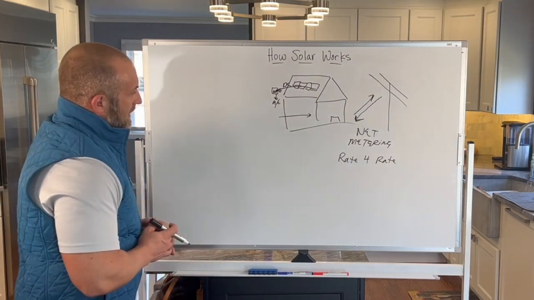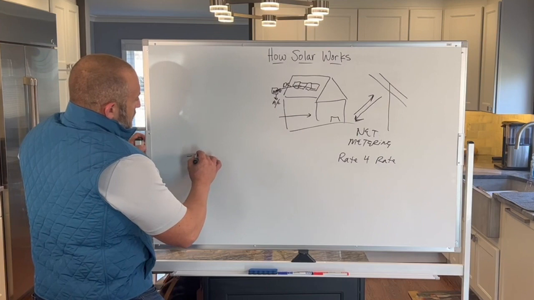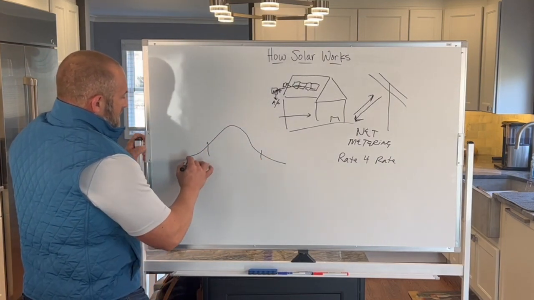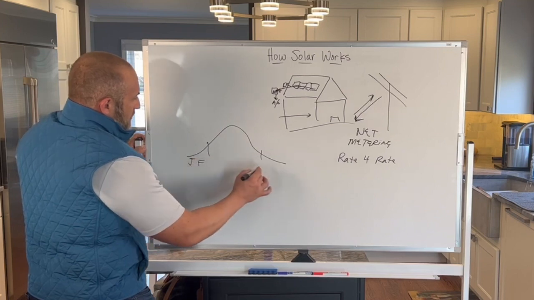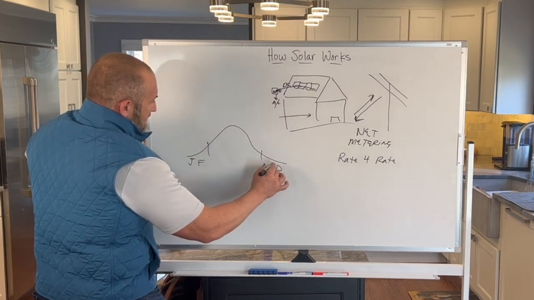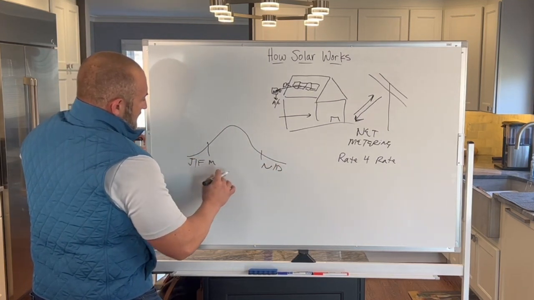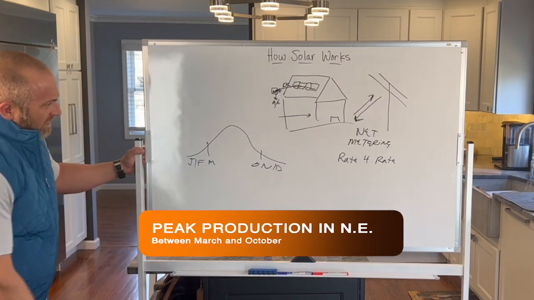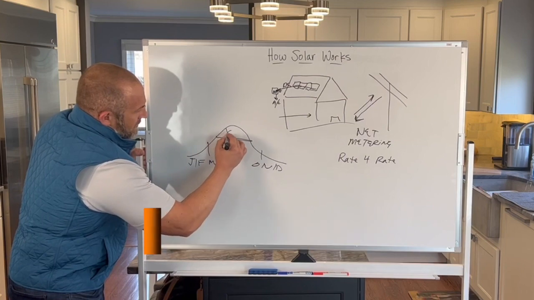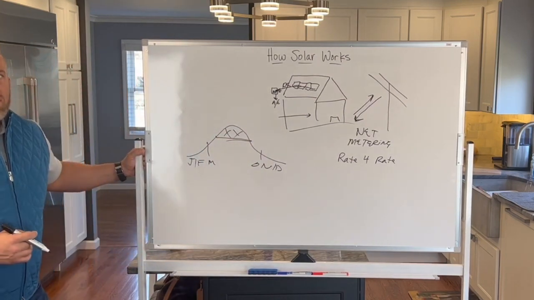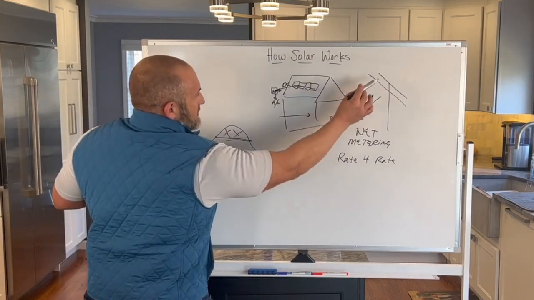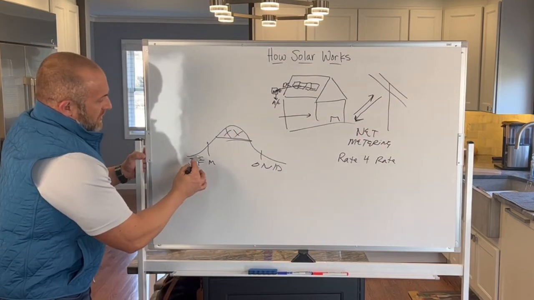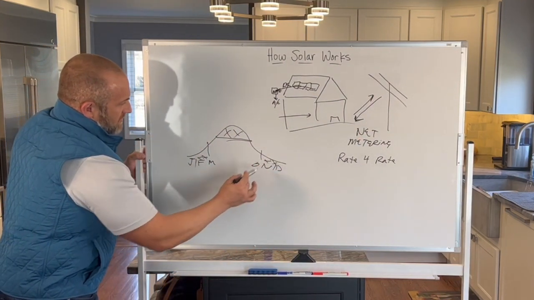Now, solar in New England, where we are, operates like a bell curve, and we have our bookend months, January and February, and November and December. We usually see really good solar production between March and October. In here, you are going to have surplus energy back to the grid, rate-for-rate credit, which you'll draw from in your winter months.